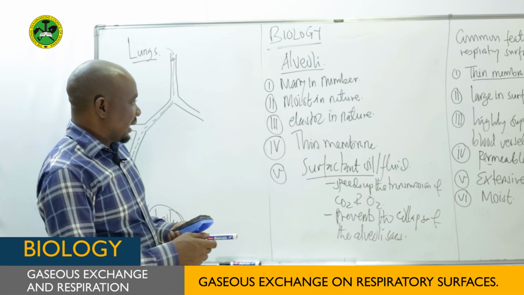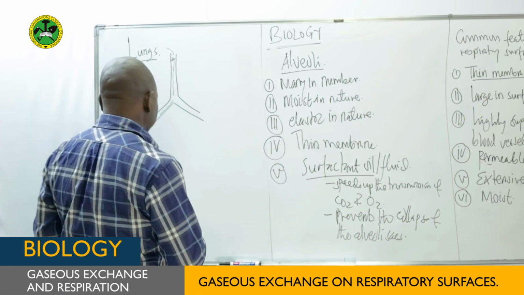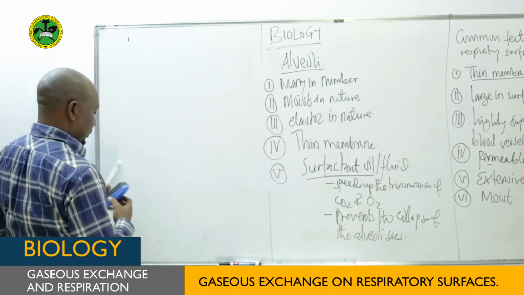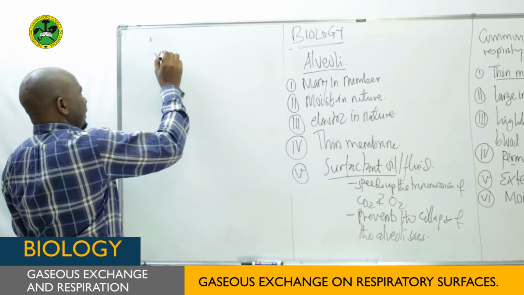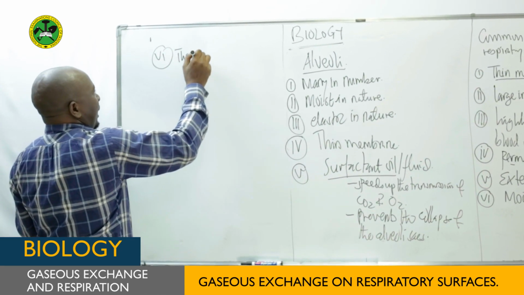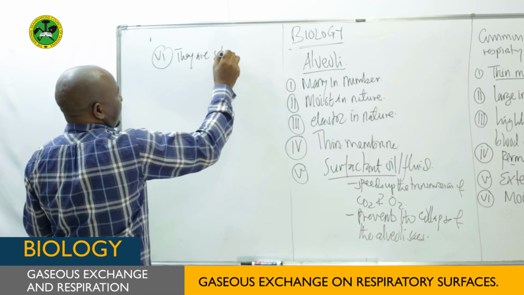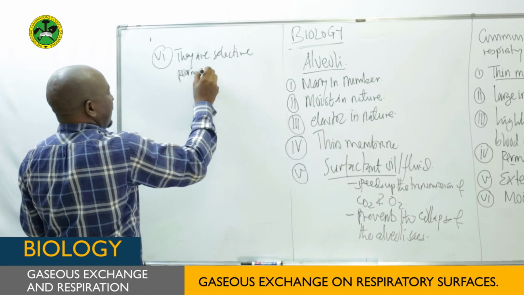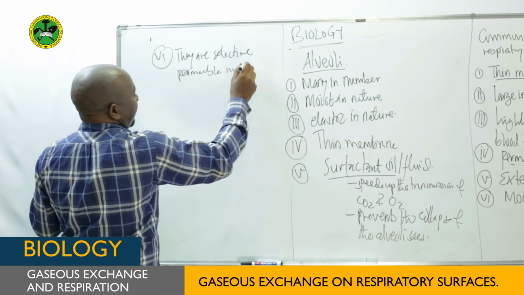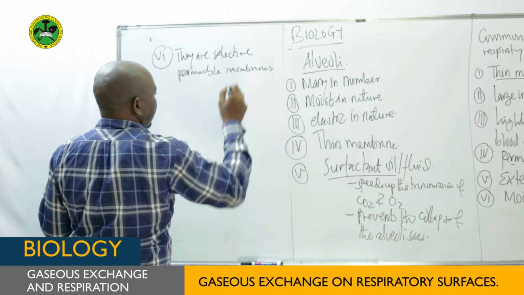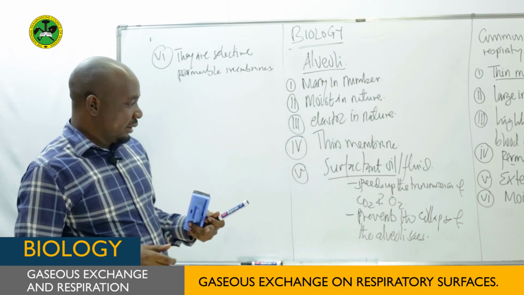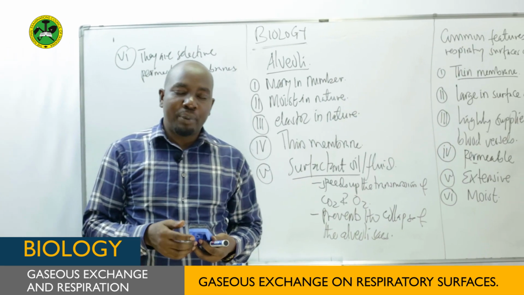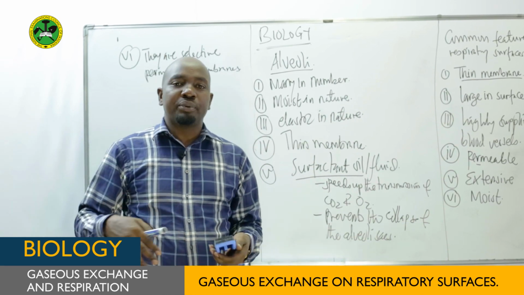Also, the alveolar sacs are selective. Number 6, they are selectively permeable membranes, meaning that they allow some gases to pass across them and prevent the others.